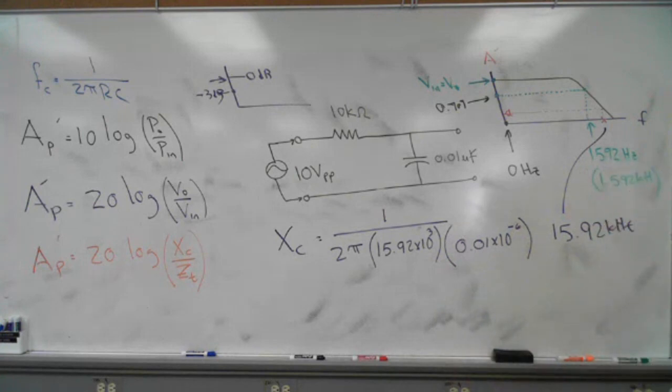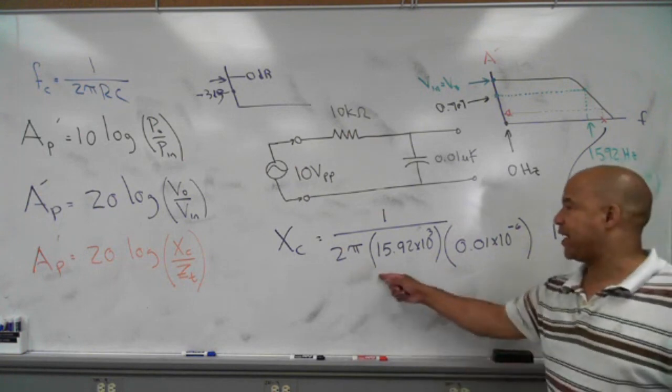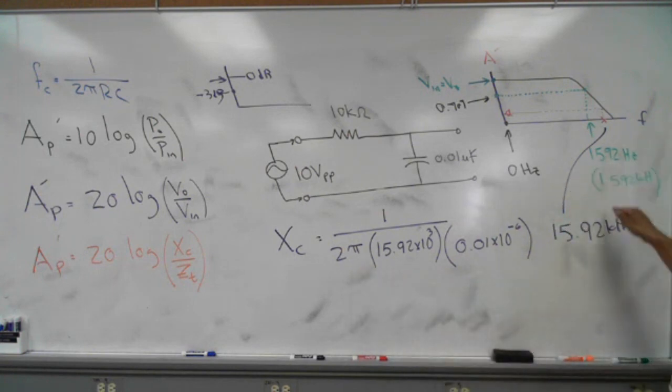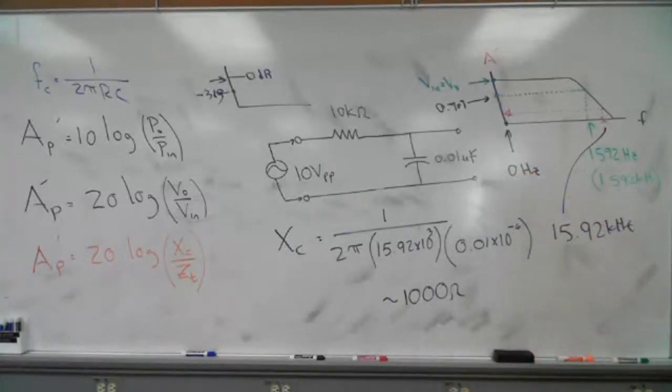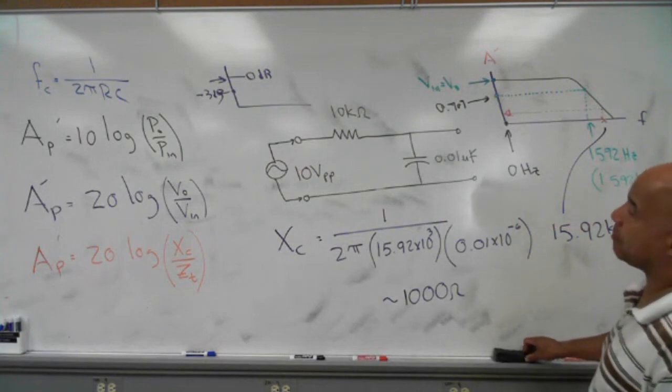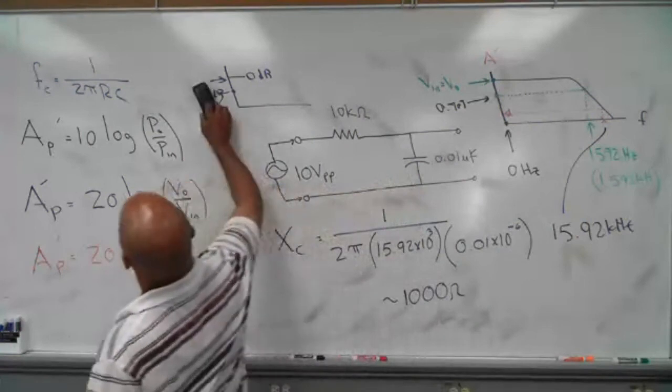So if you have your calculator, I don't have mine handy, but if I have to get it, I will. Somebody give me the value of XC at this frequency right here. What would that be? I got 999.7. Yeah, I got the same. Okay. We're going to just round that to about 1,000 ohms. Okay? Well, if we know that's 1,000 ohms, then I guess I can erase some of this.